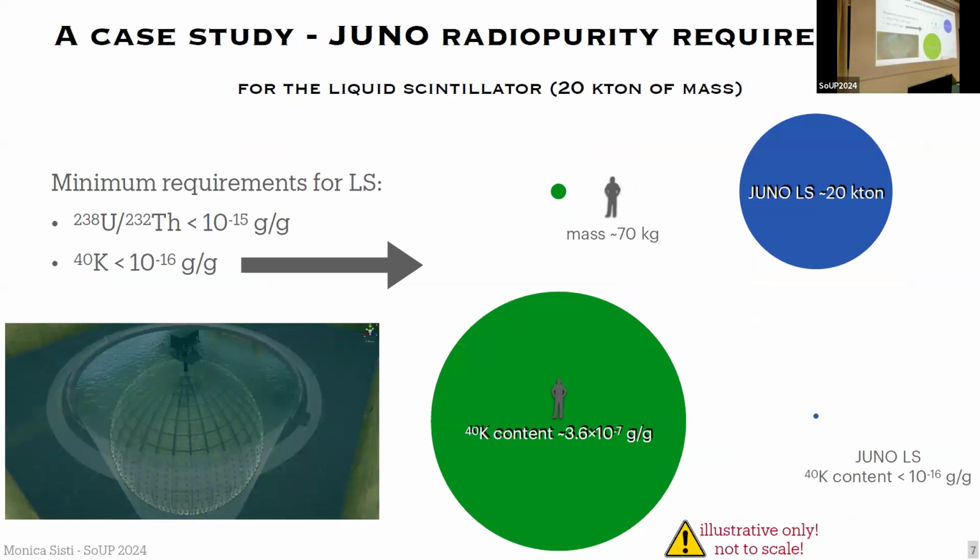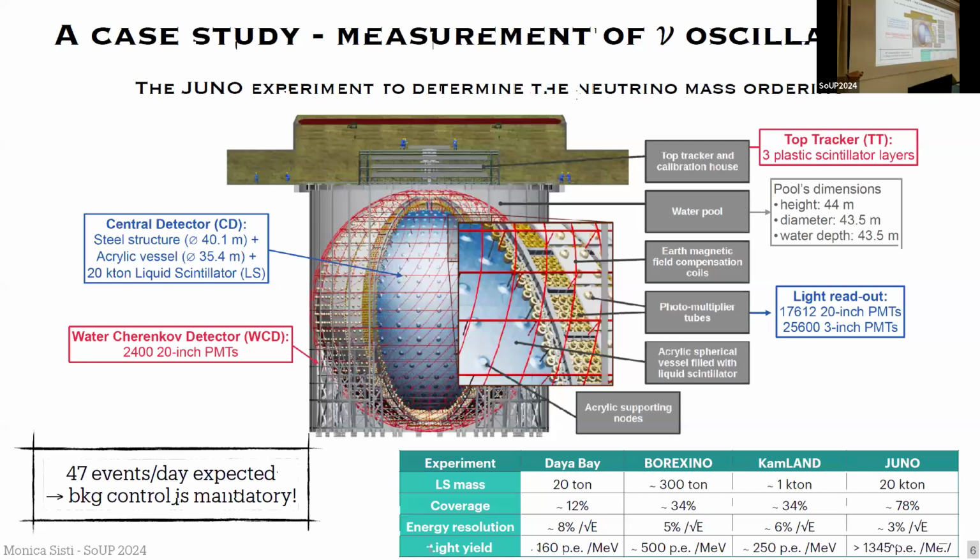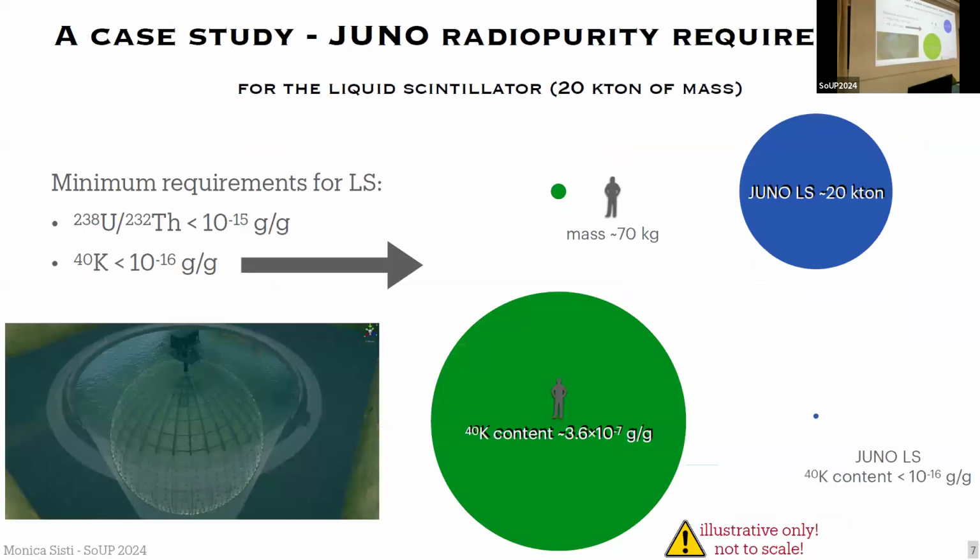So in the end, what we will see later is that you have to cure the radiopurity of all materials surrounding the detector, but the detector itself, which in this case is the scintillator, must also be extremely pure.